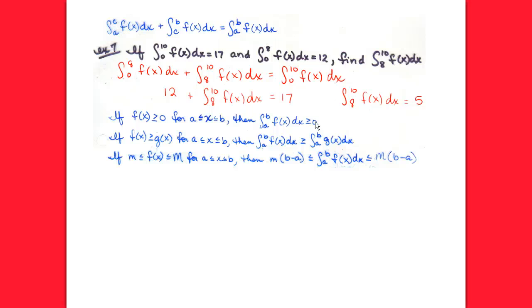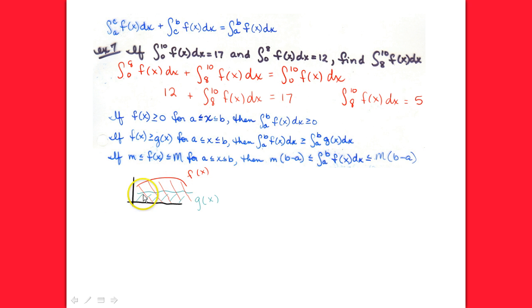All right, look at the next one. The next one says, if f of x is greater than or equal to g of x for all values in your interval, then the integration of f of x will have to be greater than or equal to the integration of g of x. All right, here's what they're talking about. If f of x is greater than or equal to g of x, okay, so down here, every value in the entire interval for f of x is higher than every value inside the interval for g of x, right?